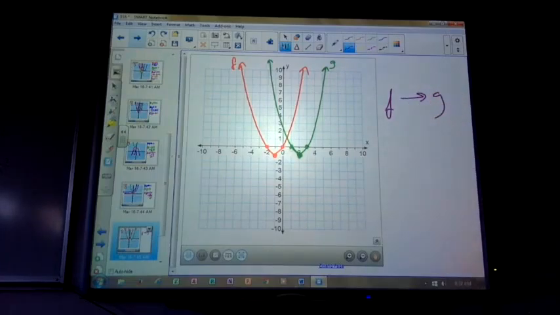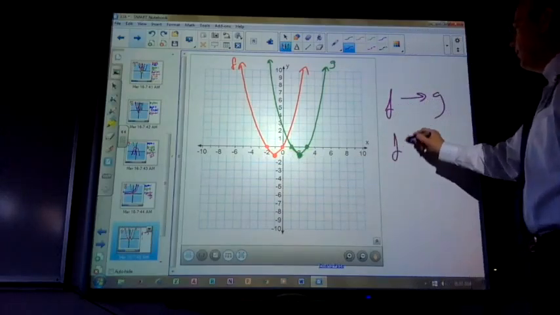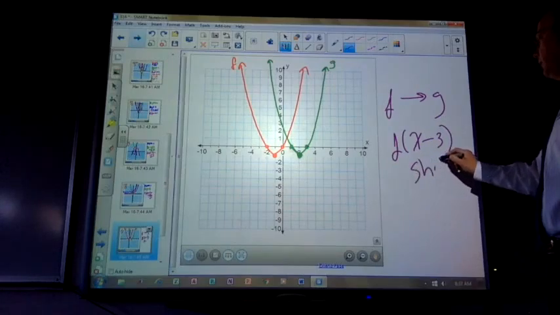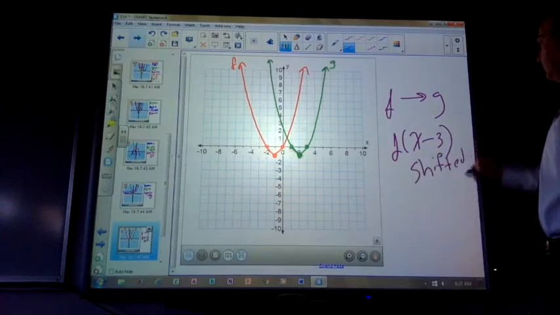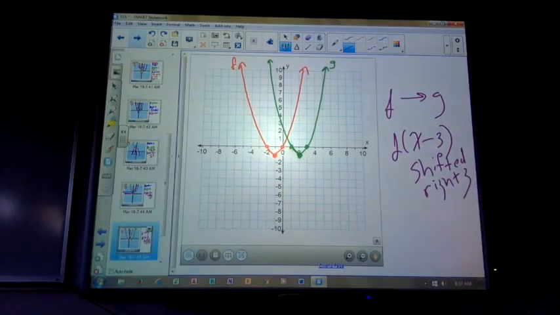What kind of shift? Minus 3? Yes. 1, 2, 3. So f of x minus 3, because it shifted f. Is that all right? Yeah. That's all you would have to do on that.